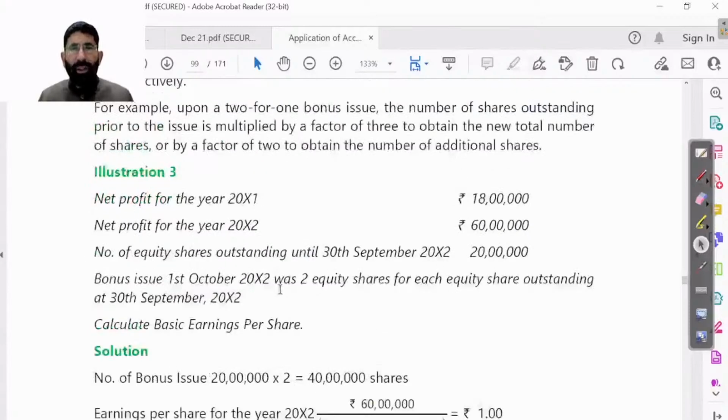Let's see illustration number 3, given in your module. Have you read this, yes, beta? Shivlani has read it only.